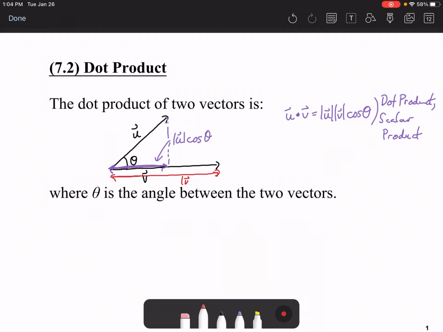That's what this value calculates. It's used to describe some various different things, and we'll talk about that as time goes on.